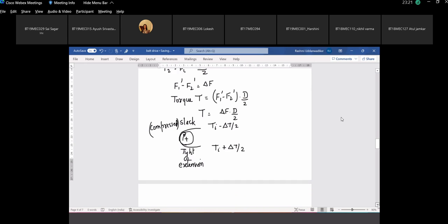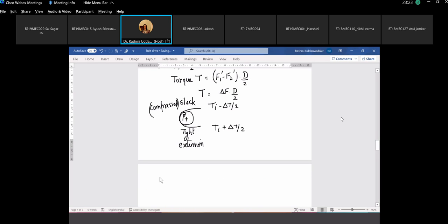And the amount of extension on the tight side is proportional to T1 minus Ti, whatever is the final belt tension on the tight side minus the initial tension Ti, because it has increased from initial tension Ti gradually by an amount del T by 2 to an ultimate value of T1.